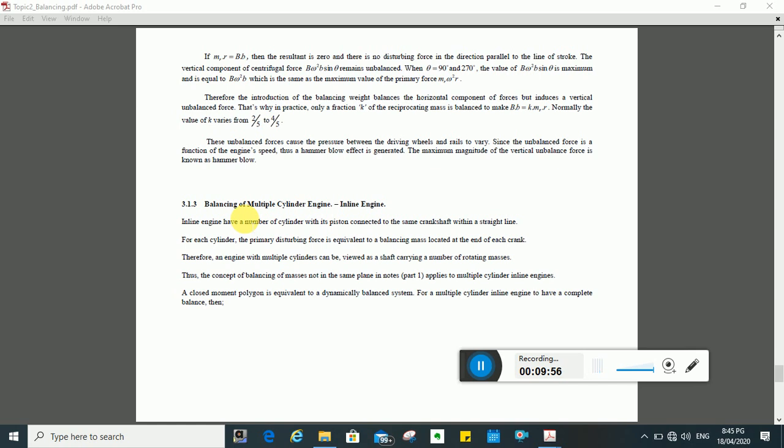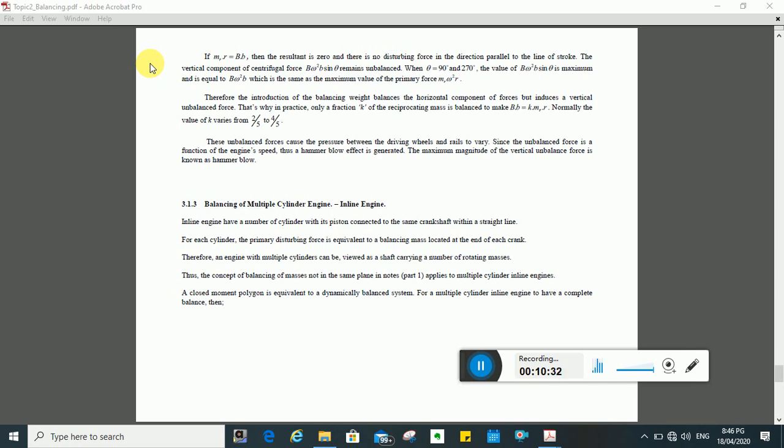So the primary force is completely balanced if B times b equals M times R. Am I right? But the centrifugal force is produced due to the revolving mass B. So therefore, two components will be produced: at the line of stroke, the X axis, and acting perpendicular to the line of stroke, the Y axis.